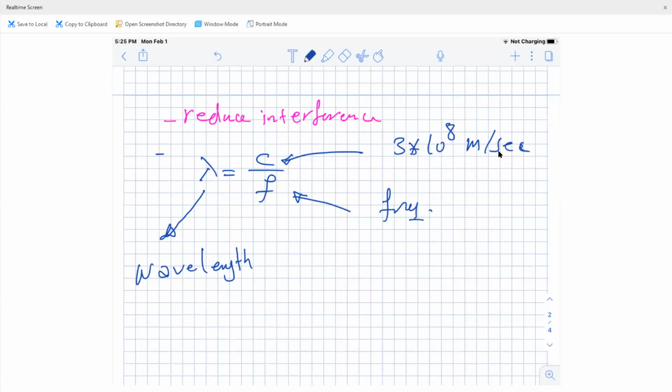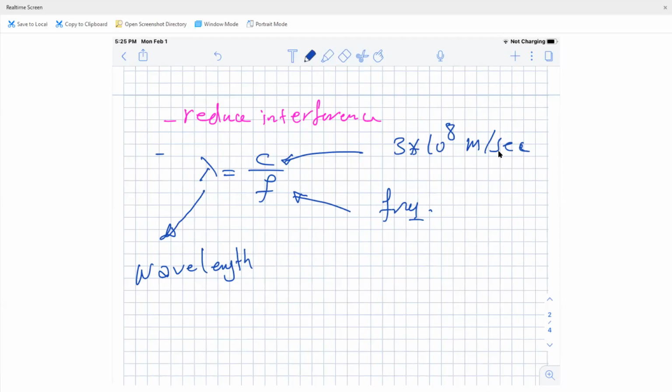Now, lambda is a very important parameter when we are going to design a receiver. Most of the times we are going to design a receiver with antennas to receive the signals.